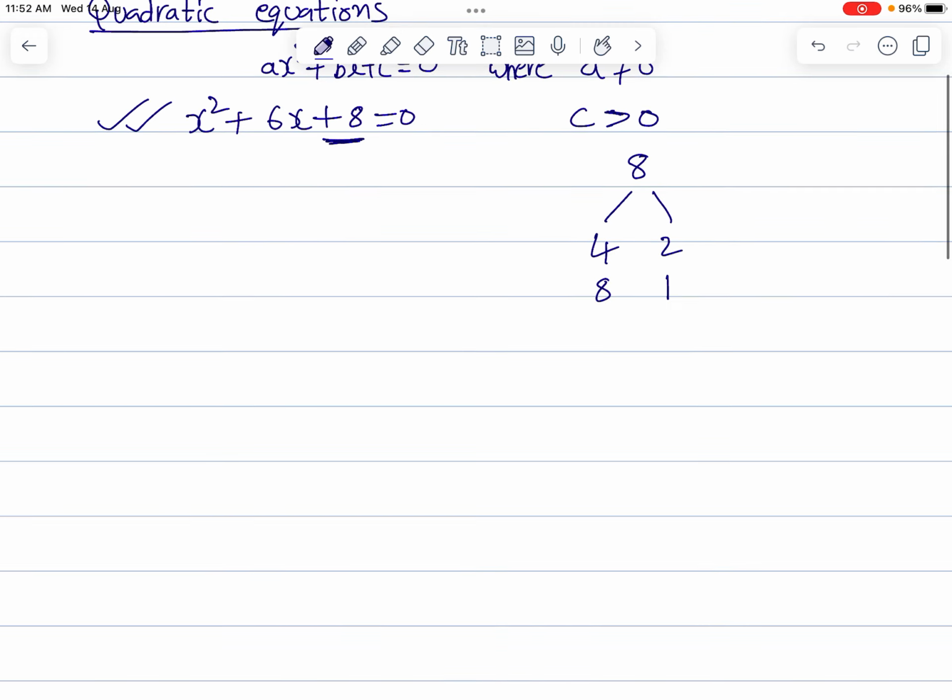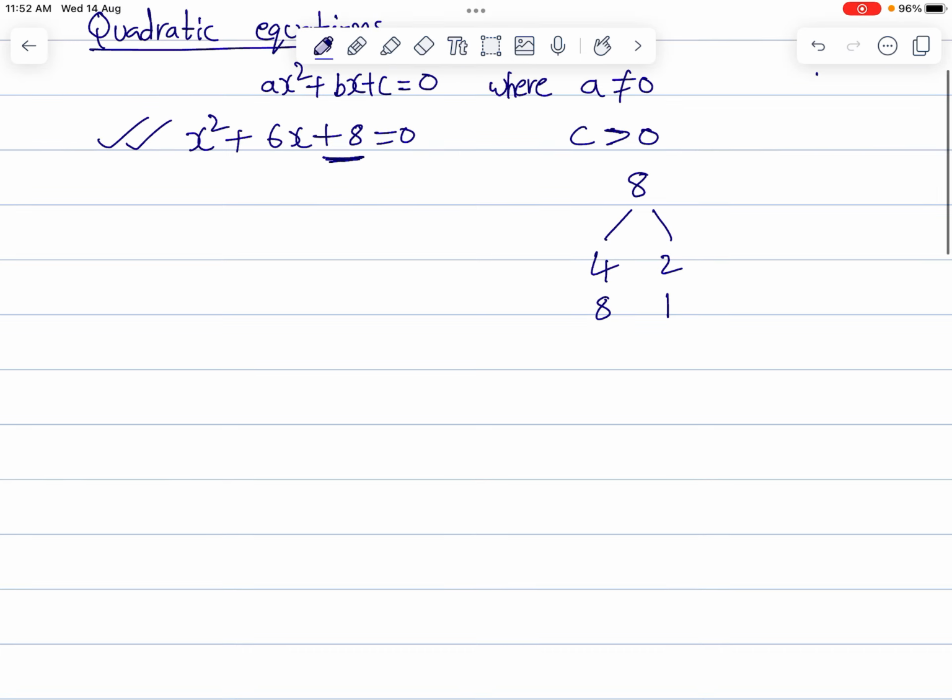Since c is positive, we should see that whatever factors we split it into, their sum is equal to b, which is 6.